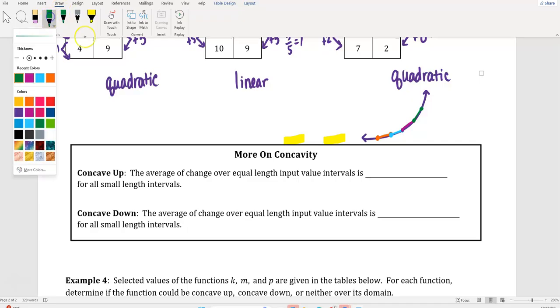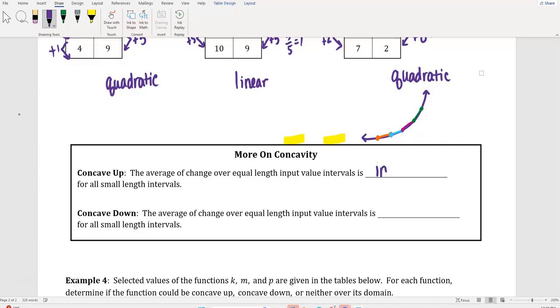So if the change on these intervals is increasing for small length intervals, we can see that the graph is concave up. And in a similar manner, if we see that the change is decreasing over those equal length intervals, then we're going to have a graph that's concave down.